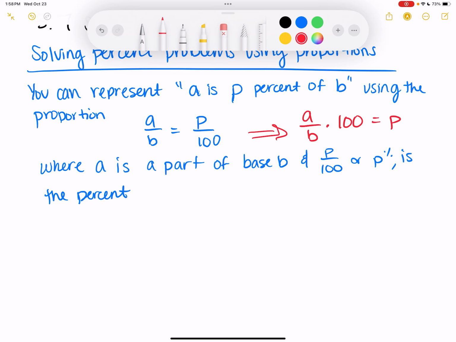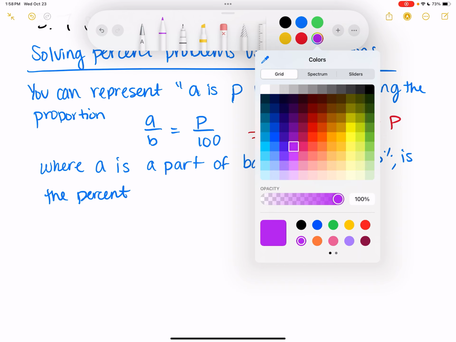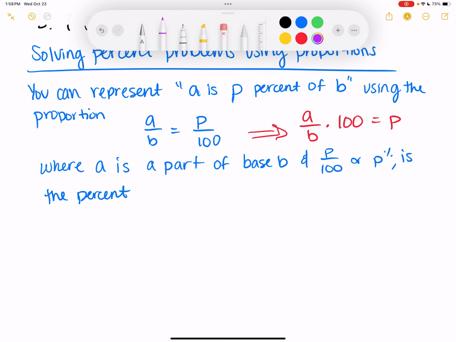The other formula that we have is the percent equation, and it's going to look very similar to this one.